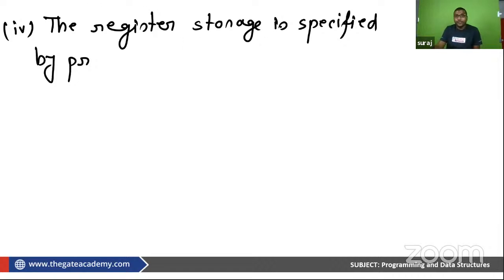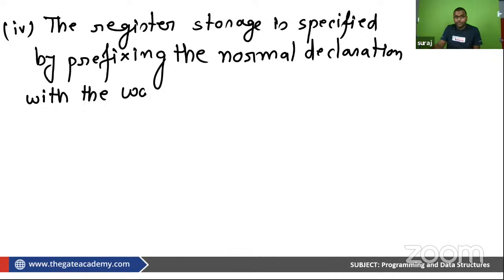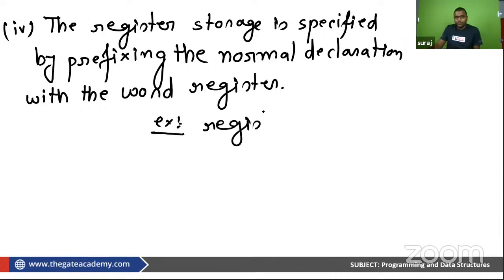So the register storage is specified by prefixing the normal declaration with the word register. Example: register int x.